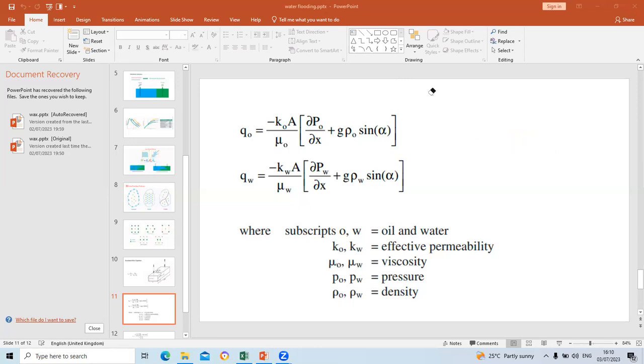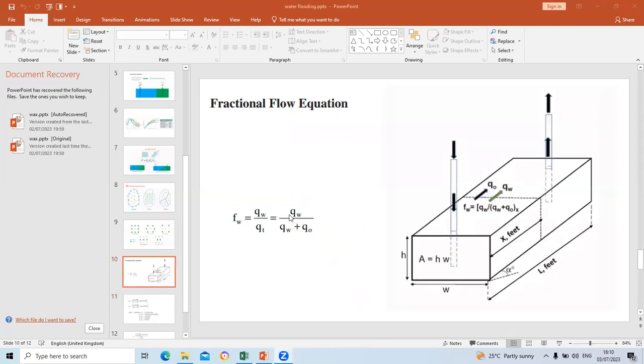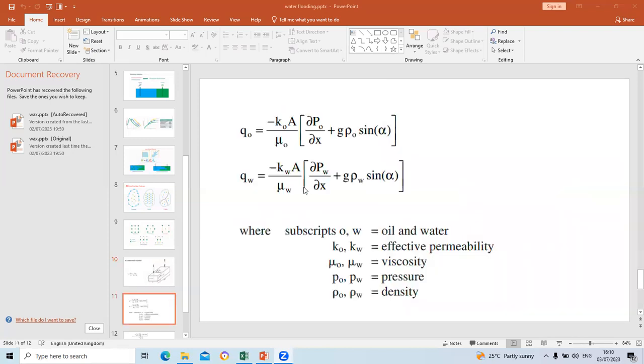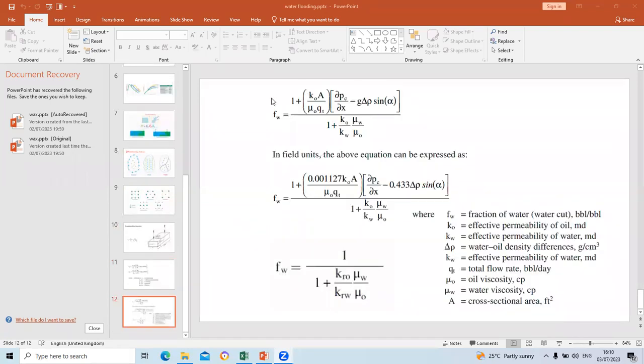So if I take these two formulas and replace them in this particular equation of fractional flow, putting the flow rate of water here and the flow rate of oil here, I'll end up with this particular equation. Our essence here is not to go into the deep mathematics of how this comes out.